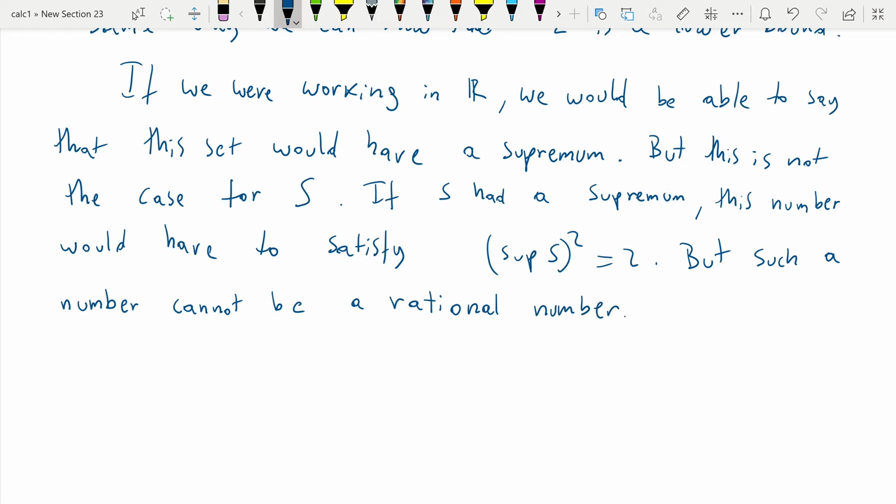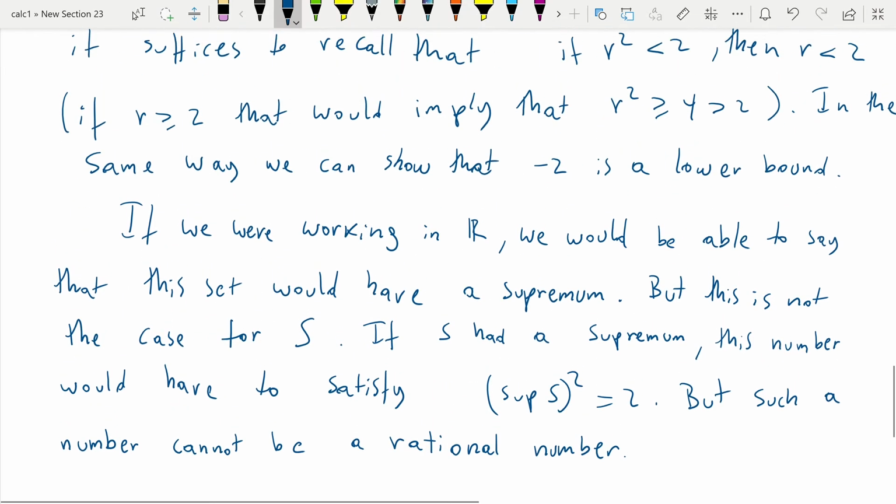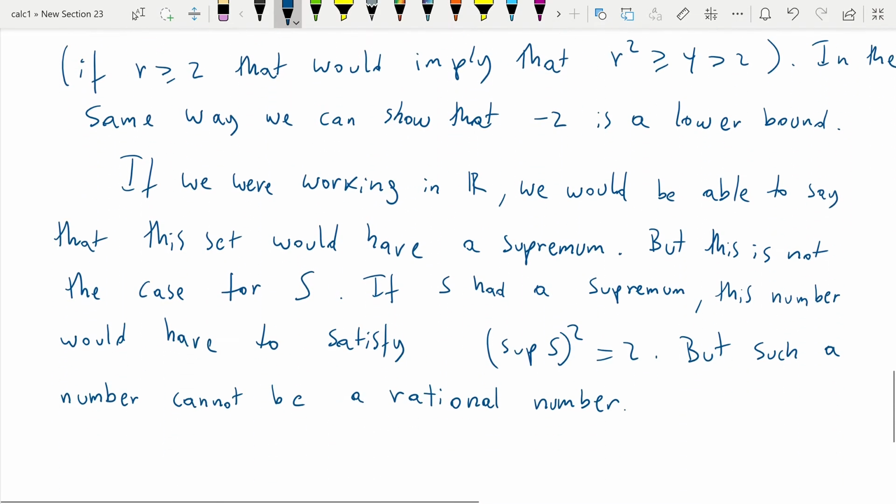There's no rational number such that its square is equal to 2. And so what we conclude here is that the supremum property, the least upper bound property, cannot hold within Q, and that's why this is a very valuable thing to have, what we've accomplished here.